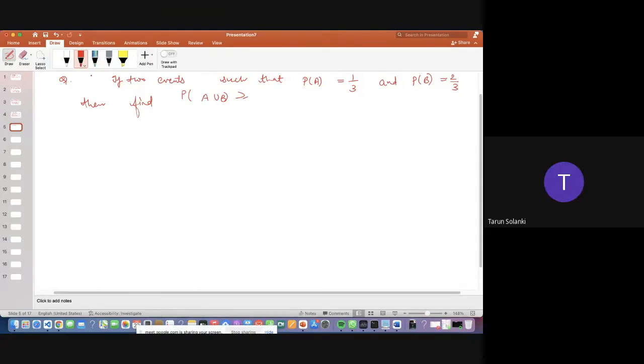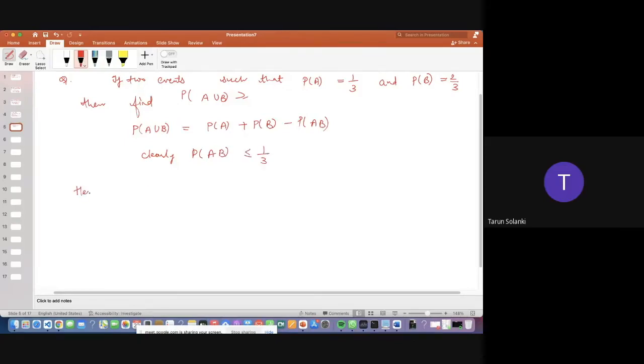So now let me solve. P of A union B is equal to P of A plus P of B minus P of AB, and clearly P of AB is less than or equal to 1 by 3.